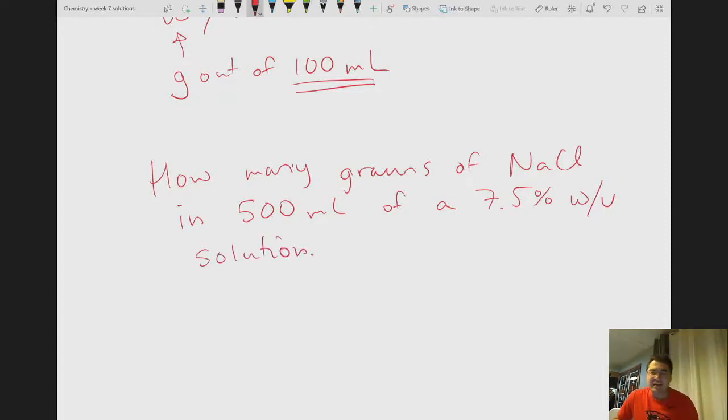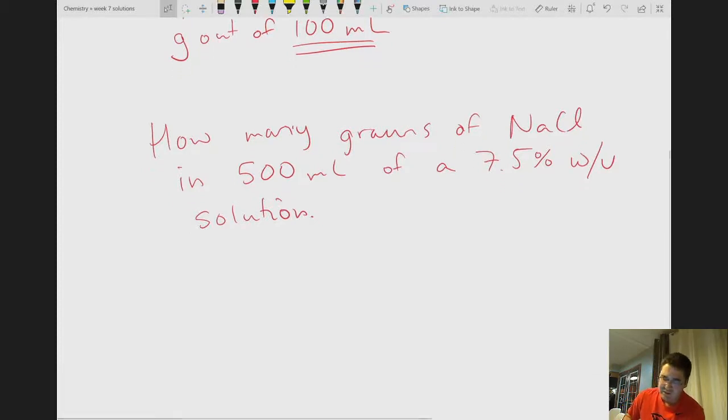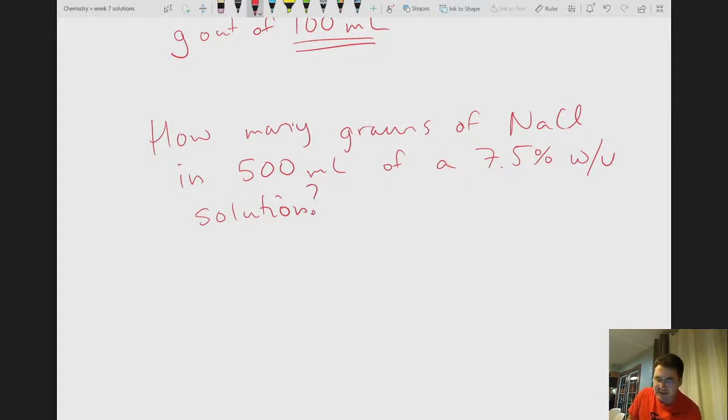So if you had a saline solution, which is just salt water, 500 milliliters, that's half a liter of it, and it was 7.5% weight per volume sodium chloride, the question's asking how many grams of sodium chloride is in that solution.